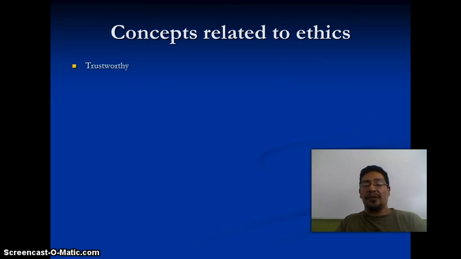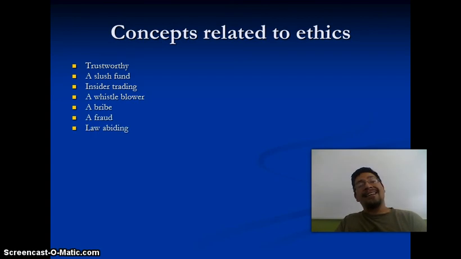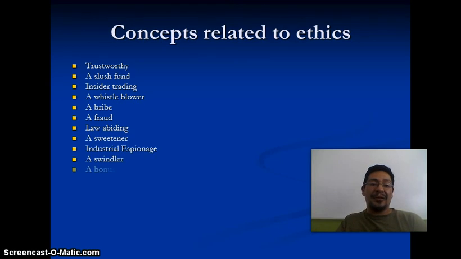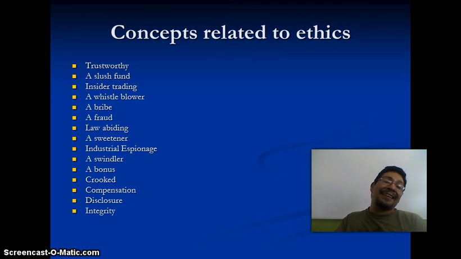So we have trustworthy, number one, slush fund, insider trading, a whistleblower, a bribe, a fraud, law-abiding, a sweetener, industrial espionage, a swindler, a bonus, crooked, compensation, disclosure, integrity. Okay, so you should write these concepts down or learn them because we're going to start commenting on them in class. So that will be all for now.